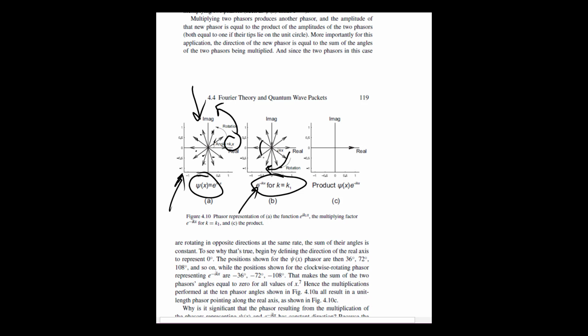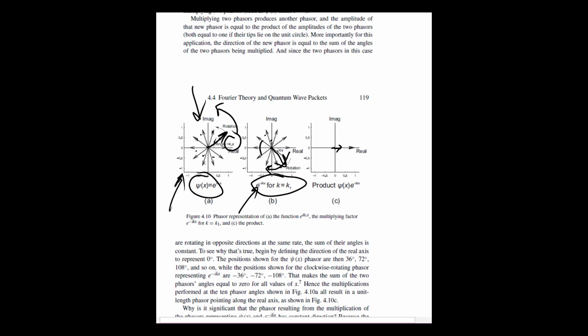When you multiply phasors, you multiply their amplitudes, but you add their angles. And as this one rotates up to some position k1x, this one rotates down because it's e to the minus i k1x, so it's at angle negative k1x, and when you add those together, you get angle 0. In other words, the product of those phasors points along the real axis.